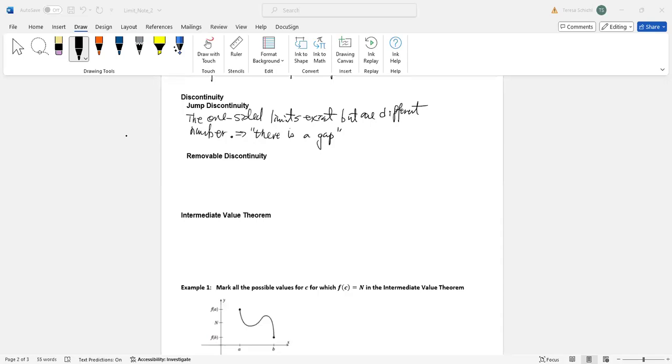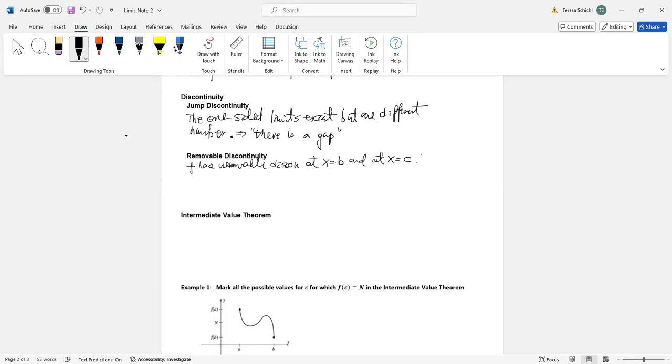Okay, so let's write the formal definition of a removable discontinuity. We say f has a removable discontinuity at x equal to b and at x equal to c.